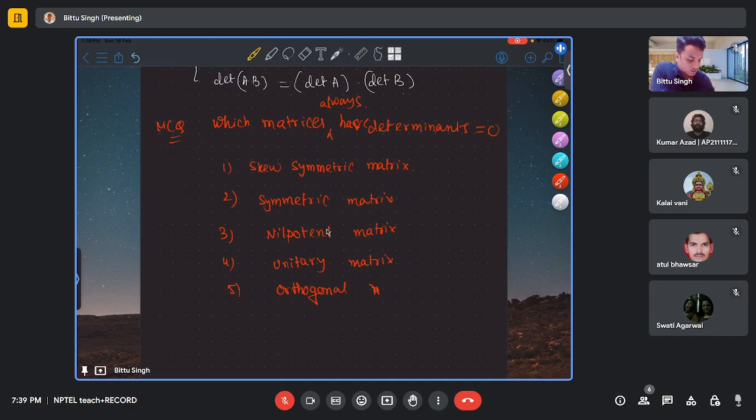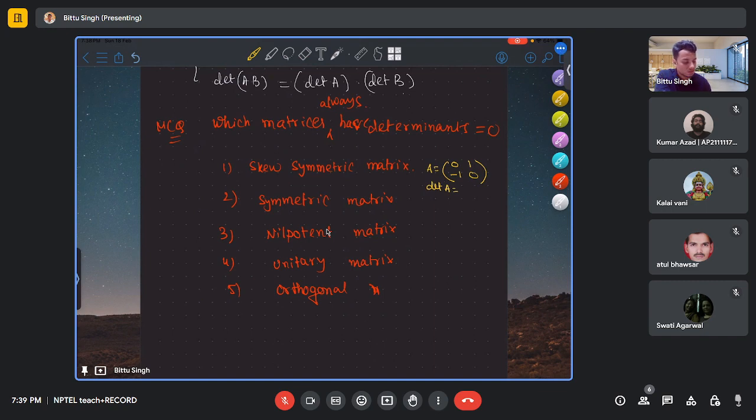You can see that a skew symmetric matrix may not have determinant 0. Why? For example, consider this matrix. This is a skew symmetric matrix. What will be the determinant of A?